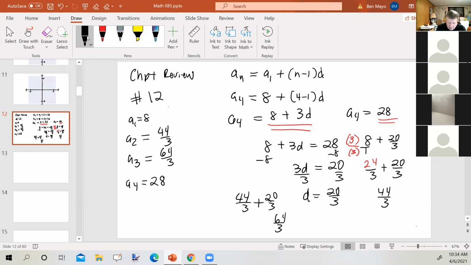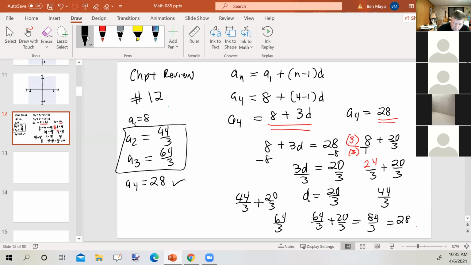Then just to make sure everything's working correctly, 64/3 plus 20/3 would be 84/3. But 84/3 is what? Let's see, that would be 28. So it checks. So the two arithmetic means are 44/3 and 64/3. Any questions about that?